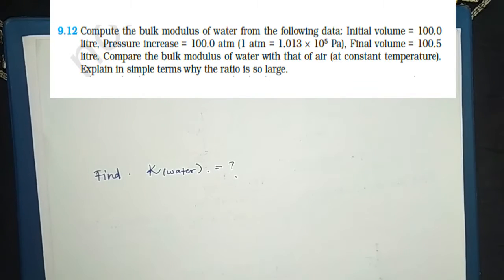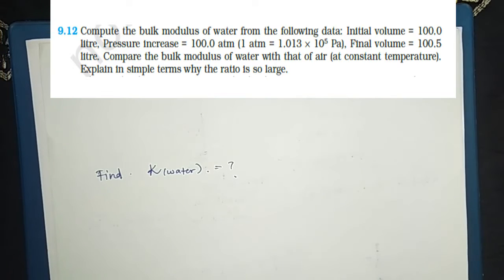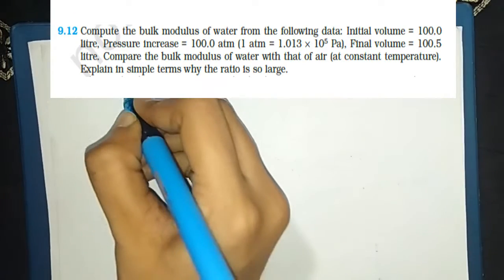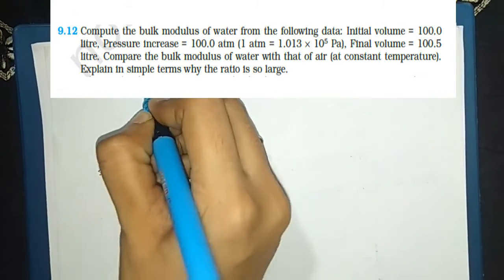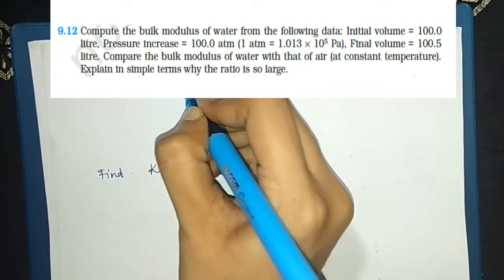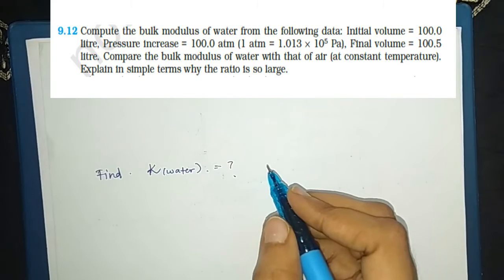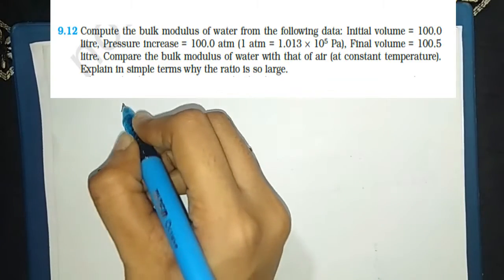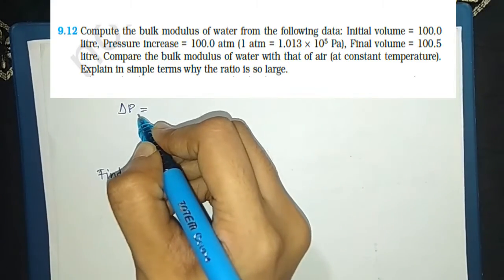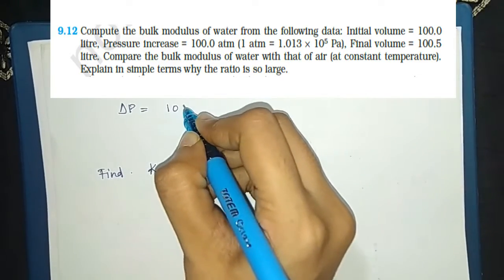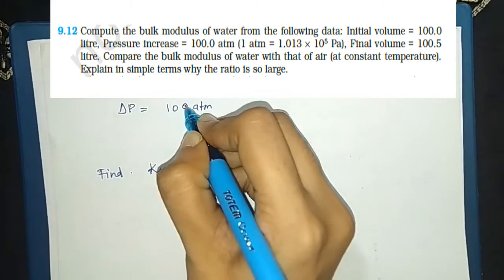The quantities given are, first, the initial volume, which I'll write as V_I. The initial volume is given as 100 liters. The pressure increase means nothing but delta P, the change in pressure. It is 100 atm.